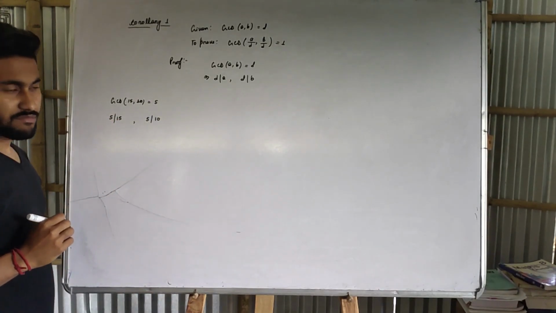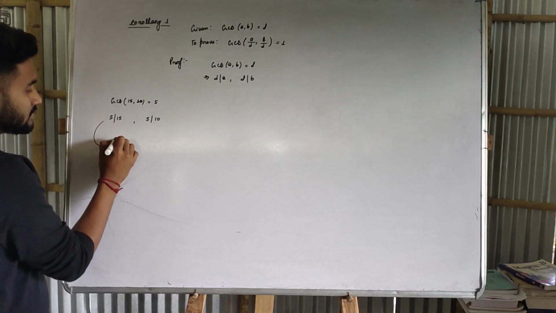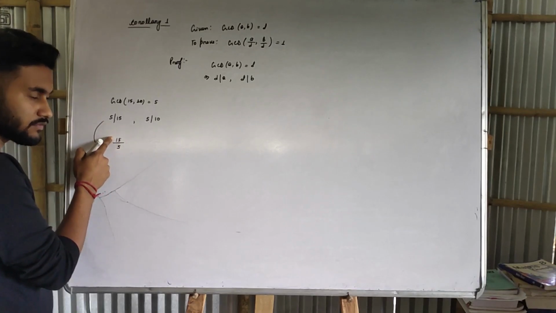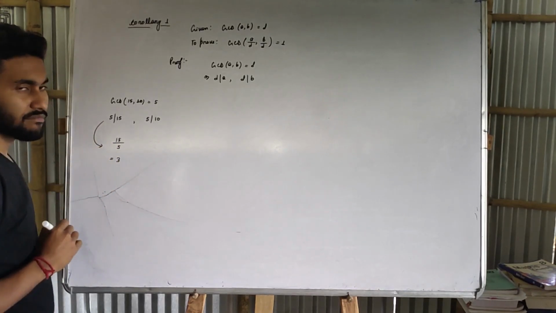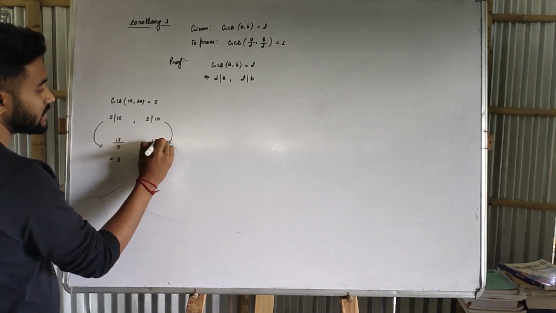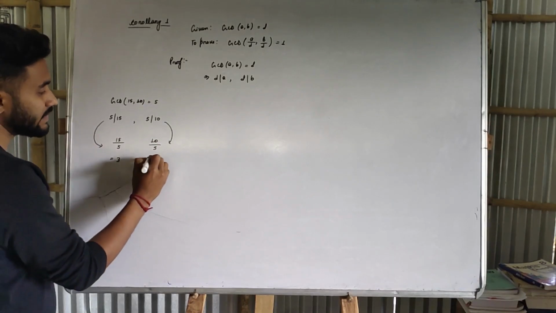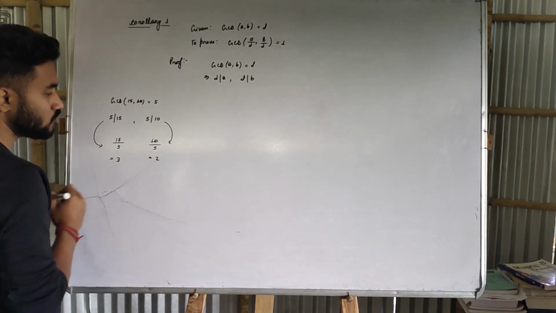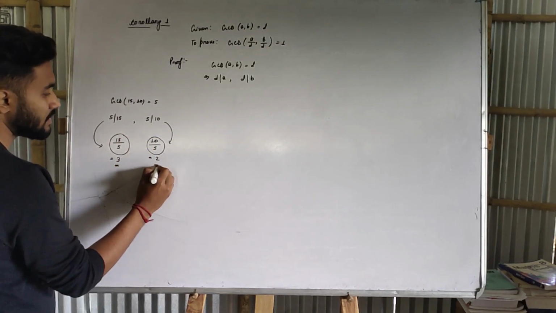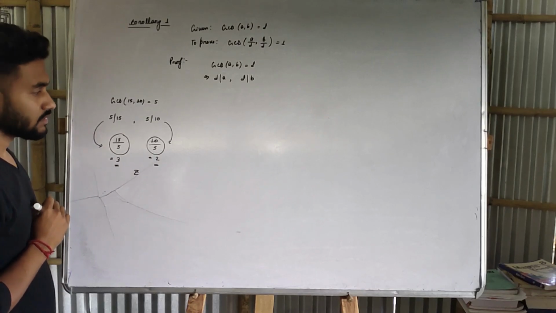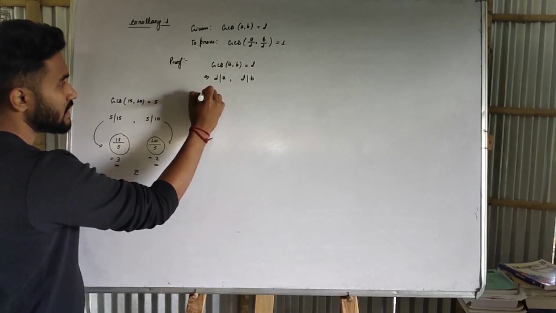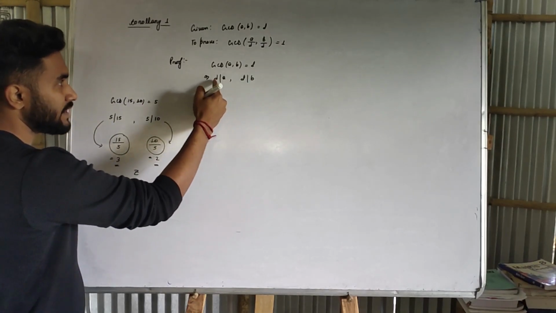So what does 5 divides 15 mean? It means 15 is the numerator and 5 is the denominator. 5 divides 15 and we get an integer, and that number is 3. Similarly, 5 divides 10 and we get an integer, that is 2. That means 15 by 5 and 10 by 5 are nothing but integers. Similarly, D divides A and D divides B. It means this is the numerator, this is the denominator.